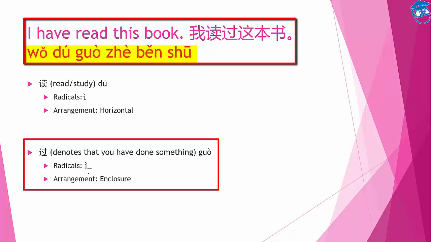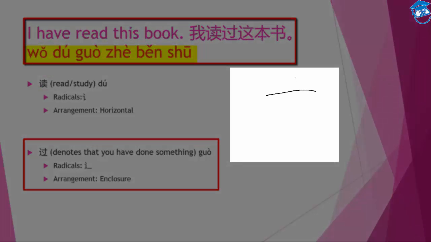The radical is what you have seen before, and the arrangement is enclosure because the radical is wrapping the component inside. This is how I write 过. 1 2 3 4 5 6. 过.